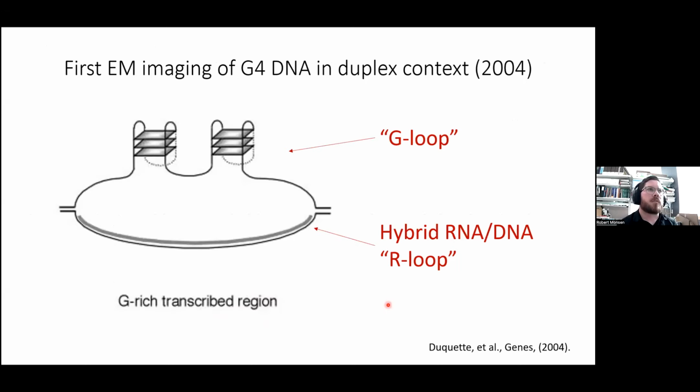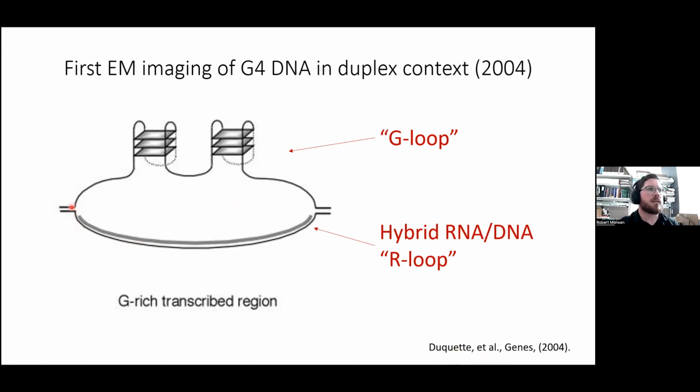So actually, one of the first studies that tried to visualize G-quadruplex in the context of a duplex, so in the most biologically relevant situation as possible, is this one by Duquette and colleagues in 2004. What they did was they wanted to get electron micrographs of a G-quadruplex system that they inserted into a plasmid.